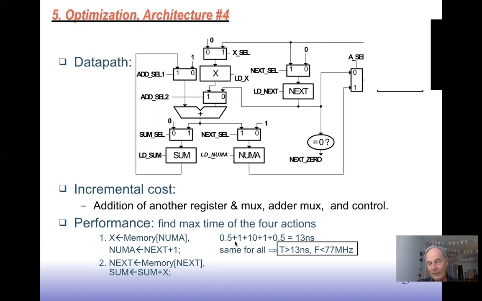They have 0.5 nanoseconds, which is the clock to Q, plus a mux delay, plus the big adder, plus a mux delay, plus a 0.5 nanosecond setup time. So they're all 13 nanoseconds. Each one is 13 nanoseconds. It's a very balanced design. This is probably the best you could do for this particular example.